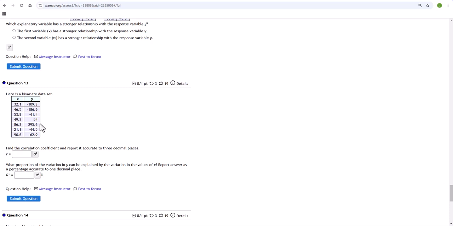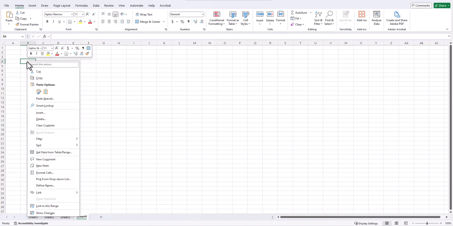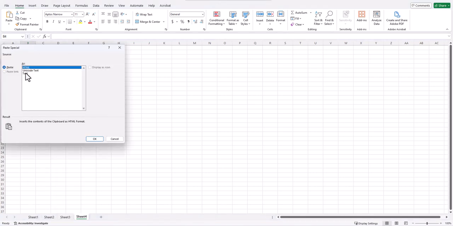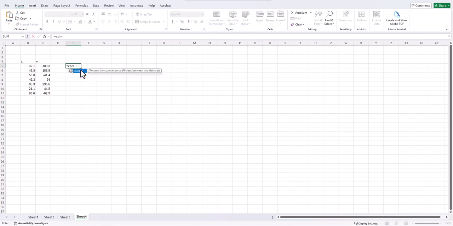And then lastly here, we'll try 13 really quickly because it has something new. So again, paste. I like to paste special those values here. We're looking for the correlation first, so the CORREL function. This one's nice because we have X and Y and they're labeled.